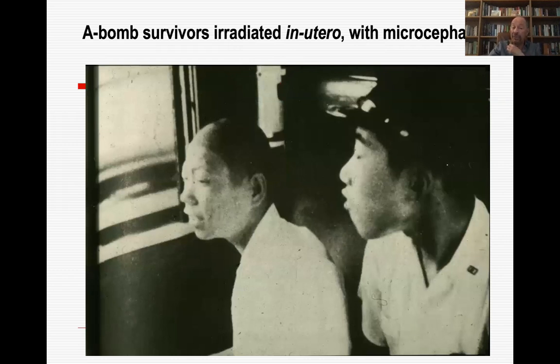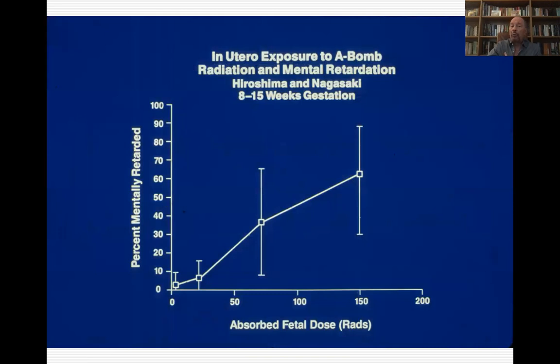Microcephaly, this is a picture from Hiroshima, was relatively common, unfortunately, among the women that were exposed in utero in Hiroshima and Nagasaki, to the point that a dose response curve could be built for mental retardation when the exposure is between 8 and 15 weeks gestation.